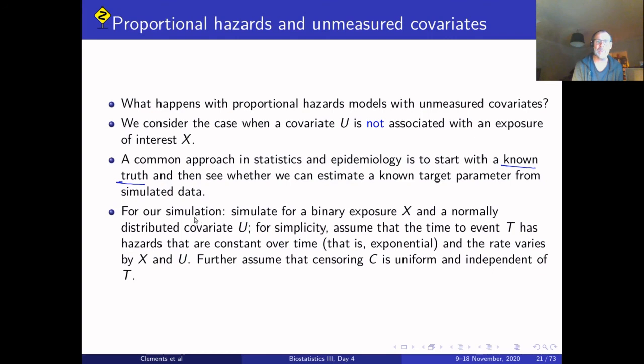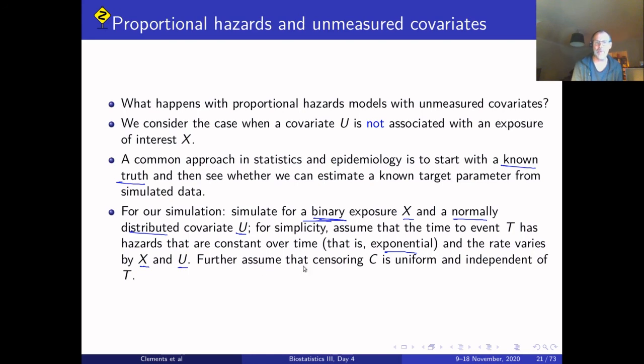So for this simulation, we assume that X is binary, and then we assume that U is normally distributed. And what we'll do is assume that the time to event has a constant hazard, so it means it's going to be exponential, and assume that the rate varies by both X and U.